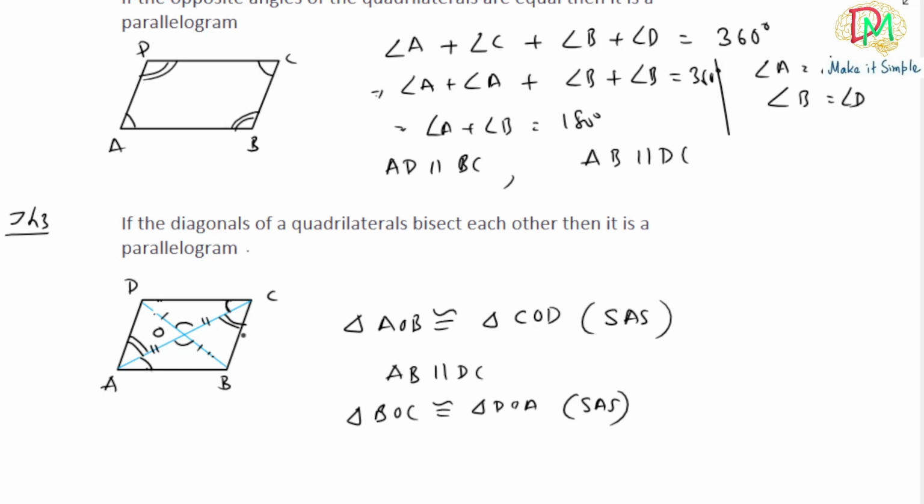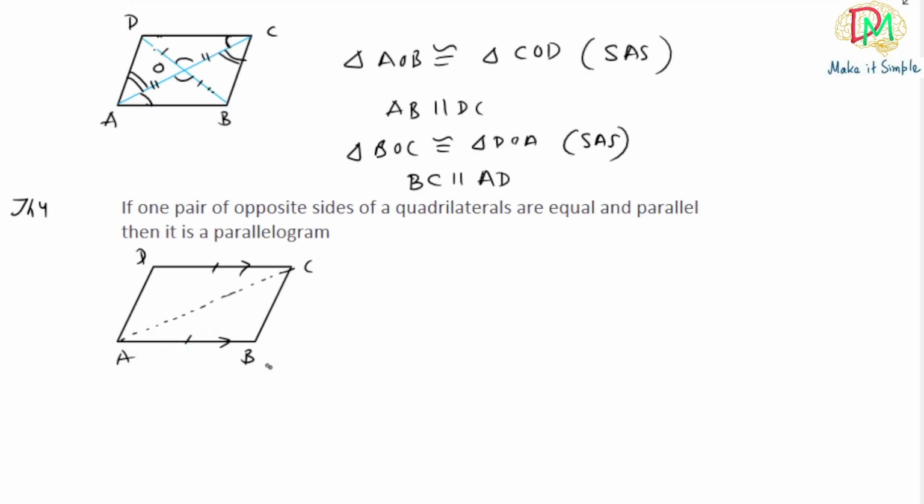So we can say that AC is the transversal to the BC and AD, and they are equal, so we can say these angles are equal, so we can say BC parallel to AD. So from these two, AB and DC parallel, and BC AD parallel, so we can say that this is a parallelogram.